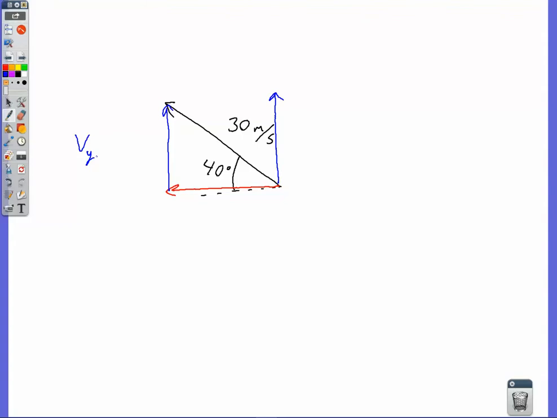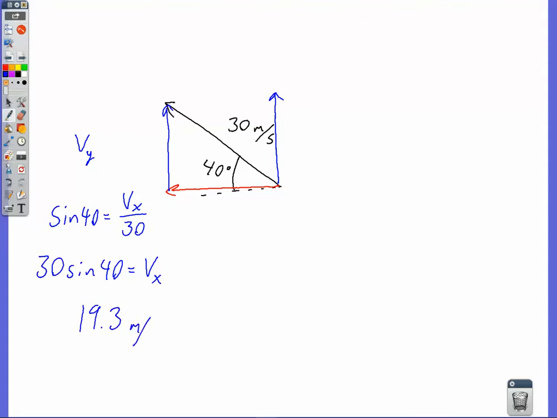So we know then that the sine of the angle is equal to opposite, which is Vx, that's what we're trying to solve for, divided by the hypotenuse. So multiplying by 30, we get 30 times the sine of 40 is equal to Vx. Throwing that into the handy-dandy calculator, I get back from my calculator 19.3 approximately meters per second, and that is my... why was I calling this Vx?